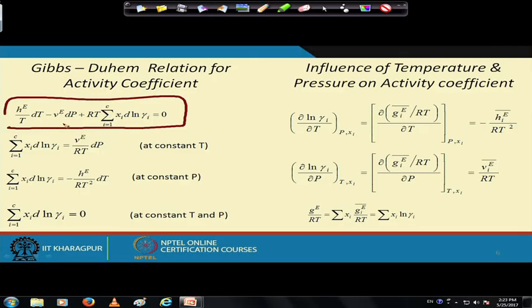So, this is the generalized equation which we have. We find that at constant temperature, naturally this term goes off, and this is the equation. At constant pressure, this term goes off, and therefore, this is the equation. At constant temperature and pressure, I have derived this equation in two particular ways. Now, this equation, just like I told you previously, is very, very important.